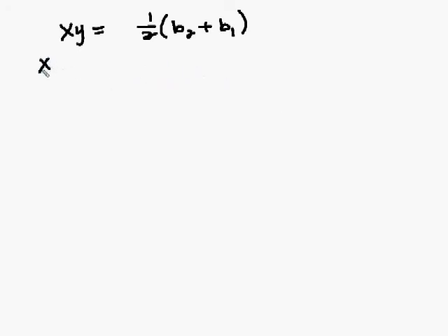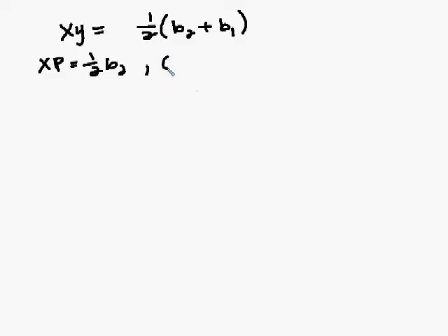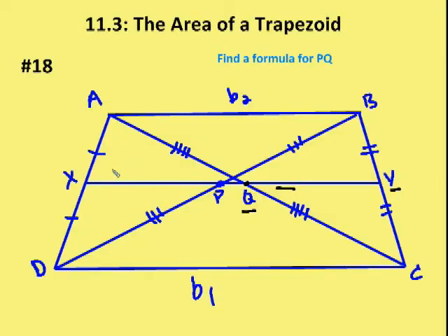So XP is equal to 1/2 of B2, and QY is half of B2. Now, when I take a look at XY, I realize it's just the sum of certain segments, XP, PQ, and QY.